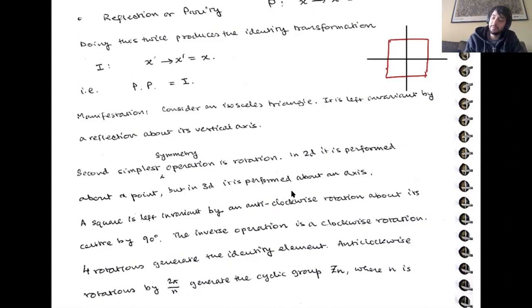So this is going to be left invariant under rotations of 90 degrees, right? If you rotate this whole thing by 90 degrees here, then the thing remains the same. So that's a simple example.